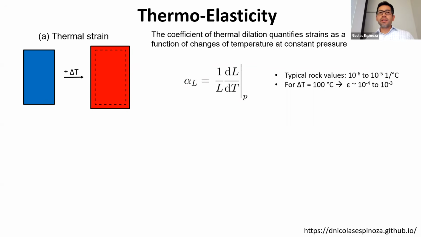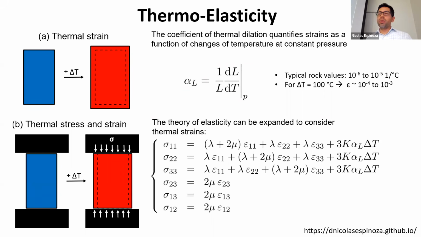Let's extend this example now to conditions in which we don't let this rock expand in the vertical direction, either on the bottom or on the top. So if you somehow restrict the displacement and increase the temperature now, the rock is not going to expand in the vertical direction, but instead is going to create what is called a thermal stress.